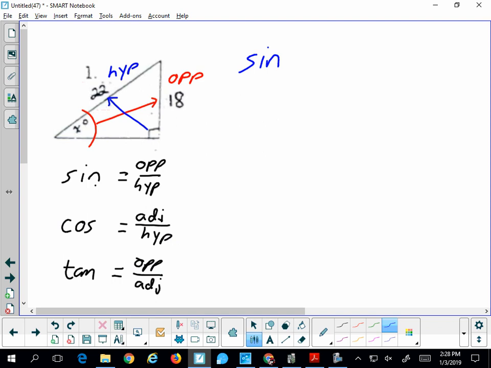We can't use a trig function without having an angle measure attached to it. So our angle in this case is our unknown, so that is our x. So the sine of our angle is equal to our ratio of our opposite side to the hypotenuse. So that's going to be 18 over 22.